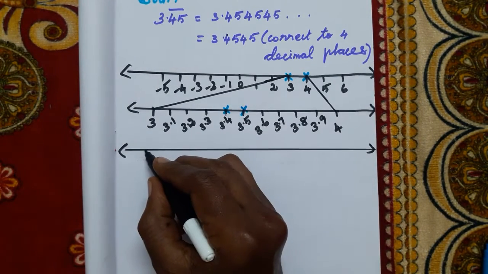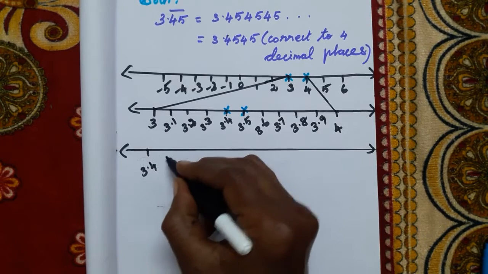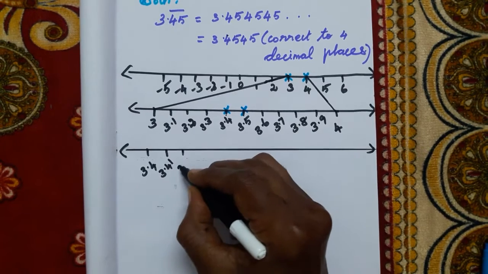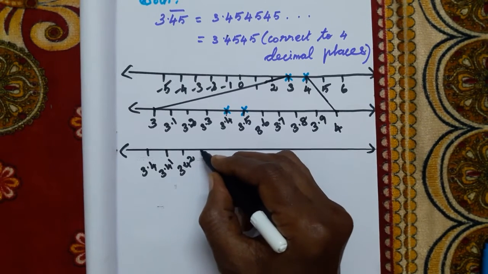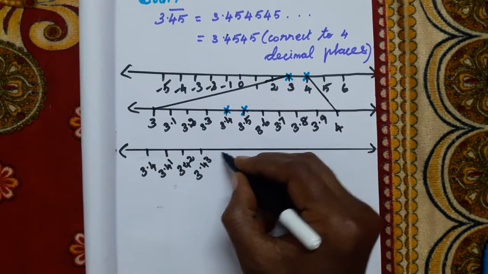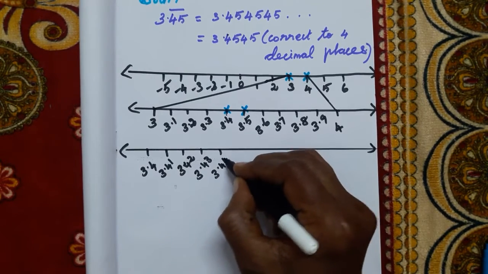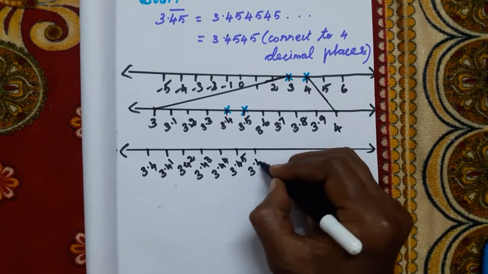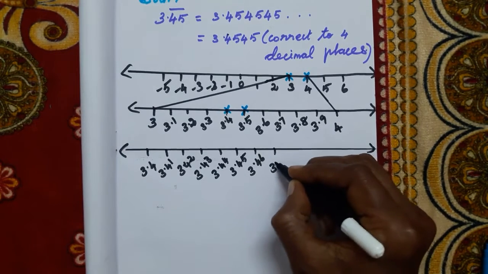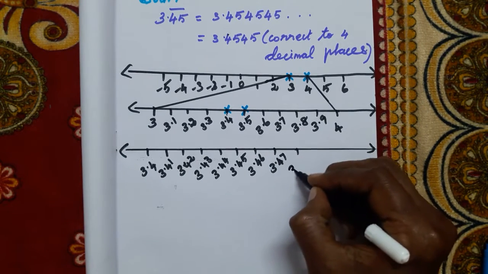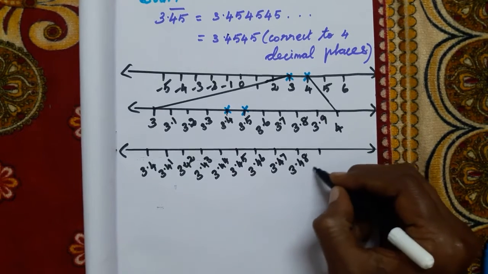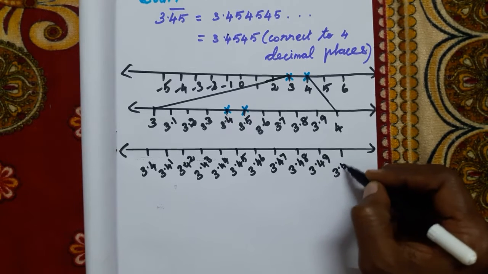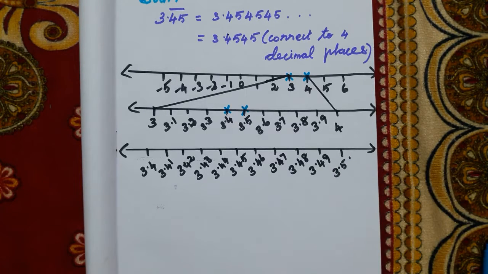After 3.4 we write 3.41, 3.42, 3.43, 3.44, 3.45, 3.46, 3.47, 3.48, 3.49, after that 3.5.